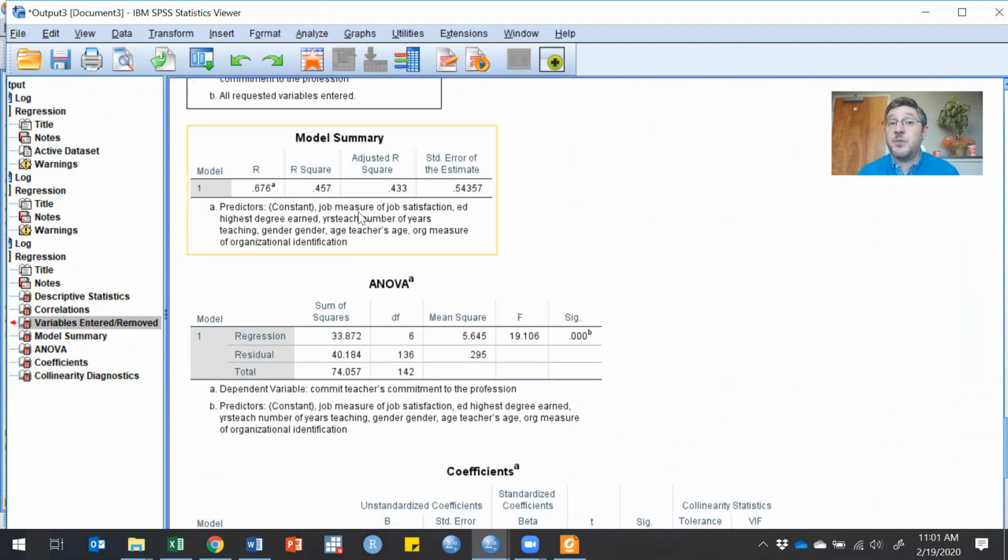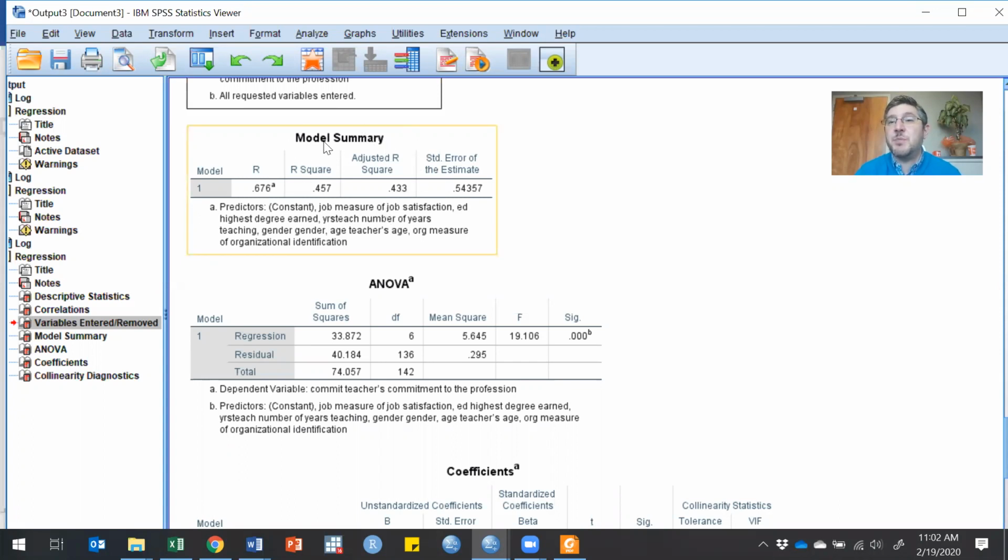Your model summary here gives you your multiple correlation coefficient, the R squared coefficient, an adjusted R squared, and the standard error. So in this table, really what we're looking at is this R squared and adjusted R squared values.